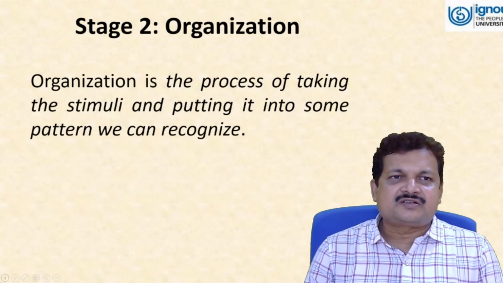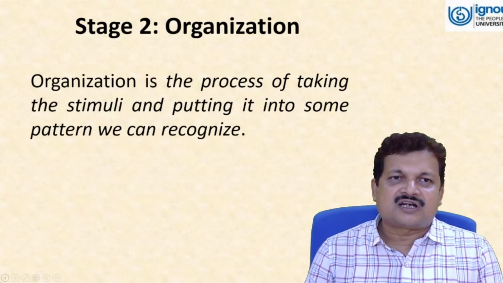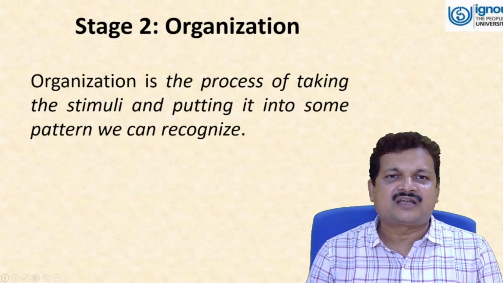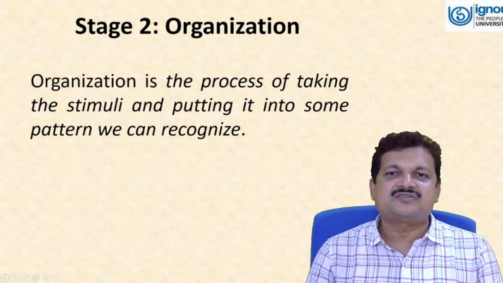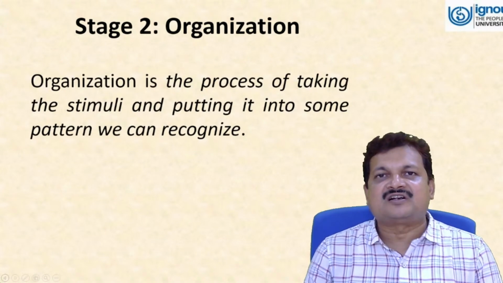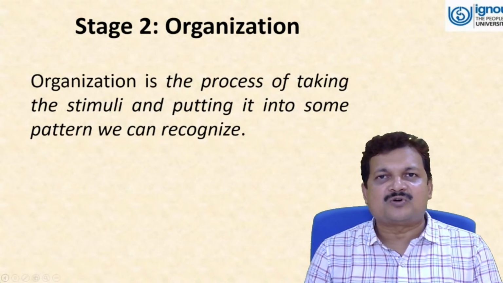Stage 2 is organization. I already discussed that. In organization, mostly we are joining the information together to make it a clear mental picture. So organization is the process of taking the stimuli and putting them into some pattern that we can recognize. If it is non-recognizable, then it is quite difficult to perceive the product.